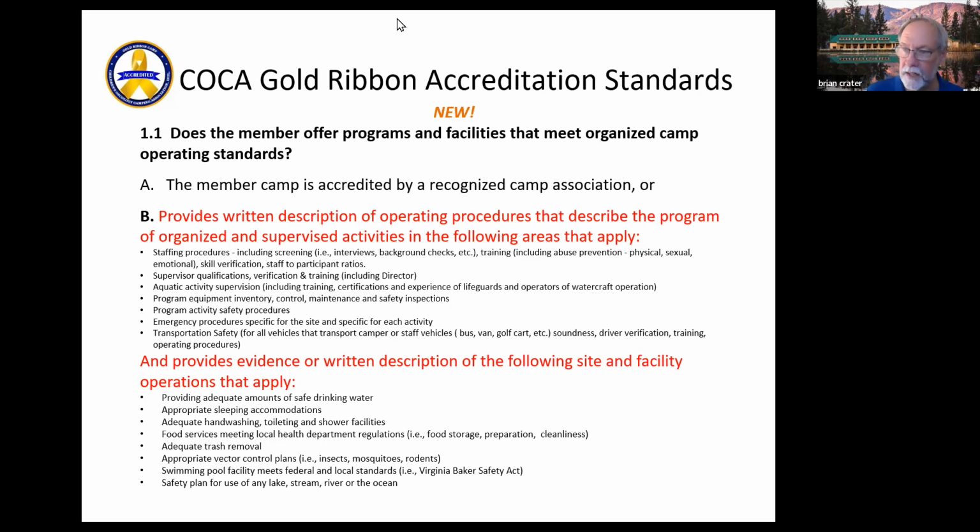And then for the facilities, once again, what does providing an adequate amount of safe drinking water mean? It talks about getting a hold of local municipalities with regards to that. Because in creating this, we put together all the accreditations from camps, as well as many of the municipal guidelines, and came up with this list of what should be seen and how they can do that from across the country and in Canada.